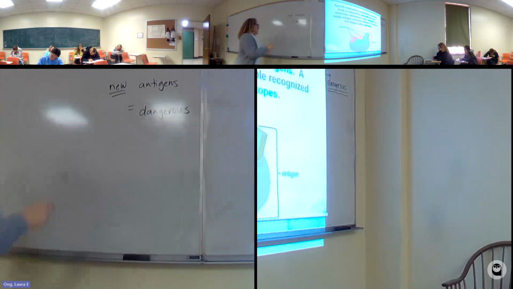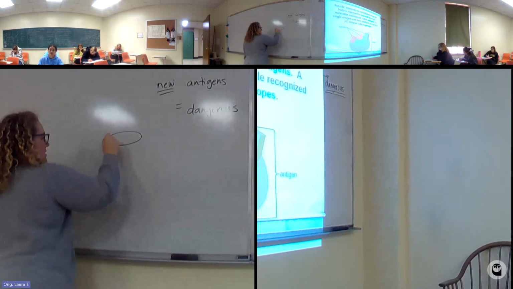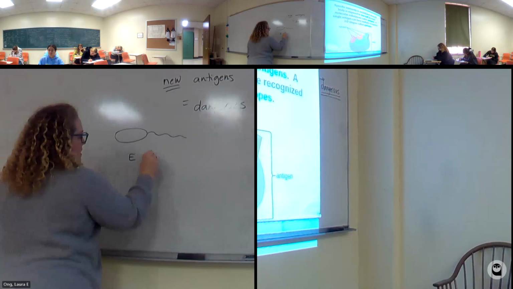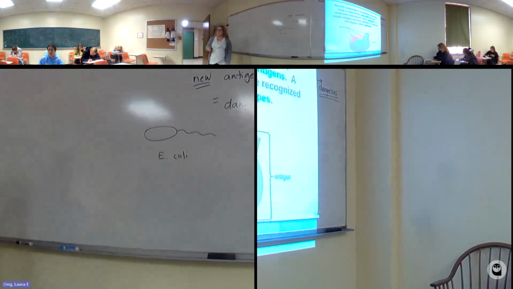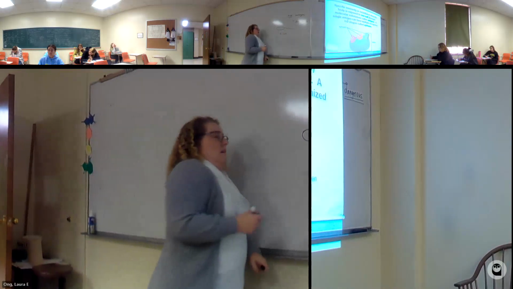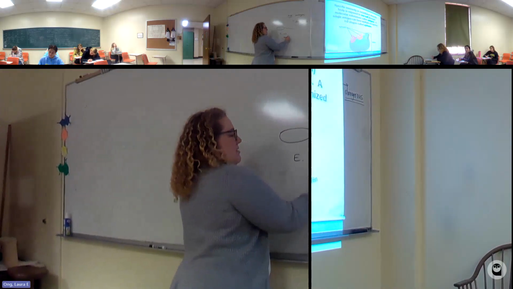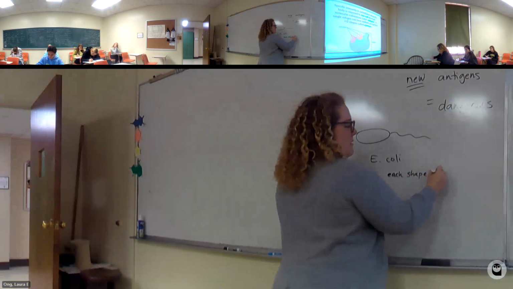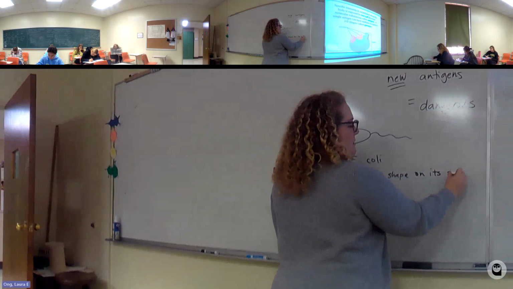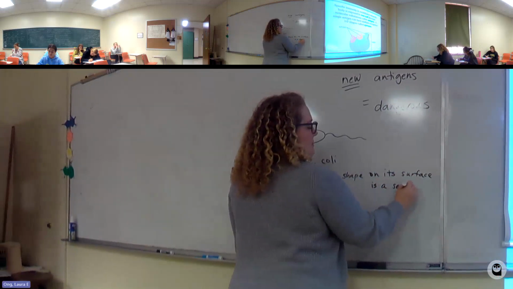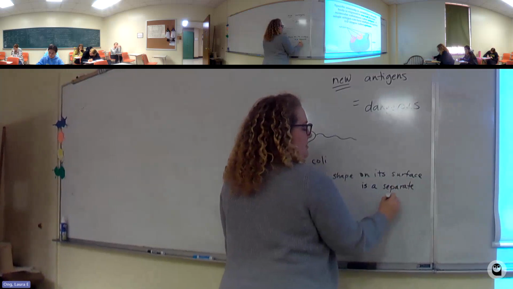And if you think about a particular pathogen, like let's say E. coli. E. coli is a big bacterial cell and it has shapes all over its surface. And each shape on E. coli, on its surface, is a separate antigen.